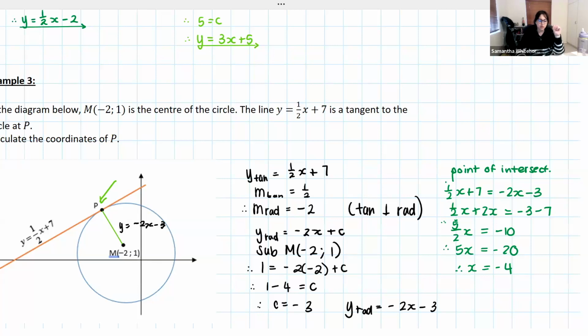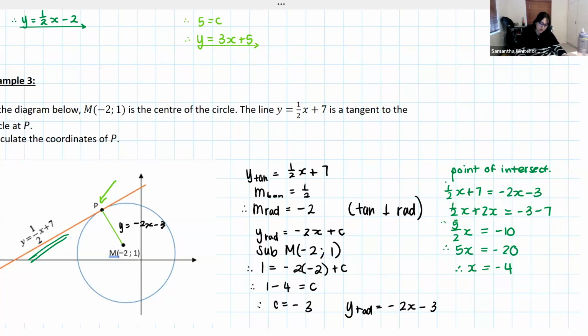It doesn't matter which one, so either the half x plus 7 or the -2x minus 3, it's completely up to you. My advice would be sub it into the one that you were given the equation for, because then you're not potentially working with an incorrect answer, but honestly, it makes no difference.